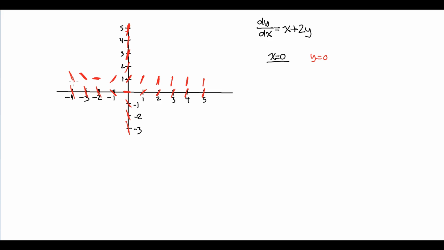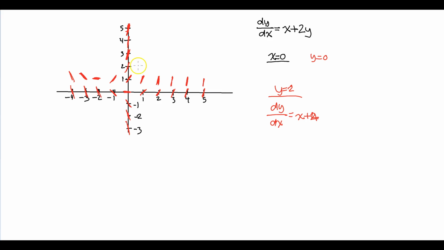With y equals 2, we're basically having the equation dy/dx equals x plus 4, because 2 times 2 is 4. So we're basically making a new differential equation that deals only with the variable x.